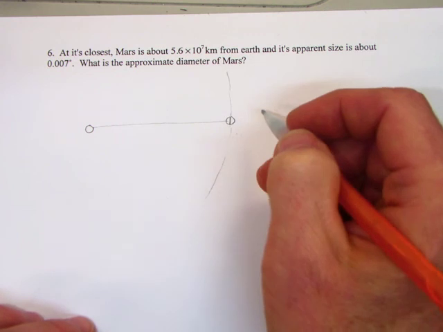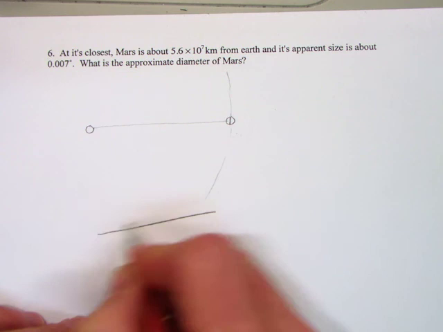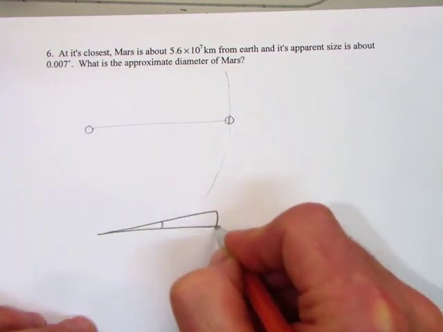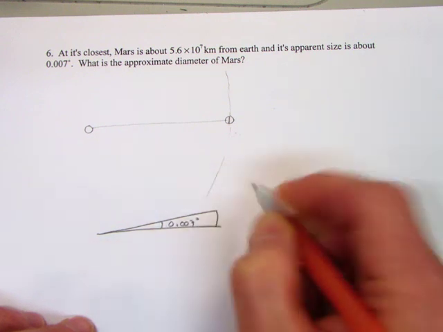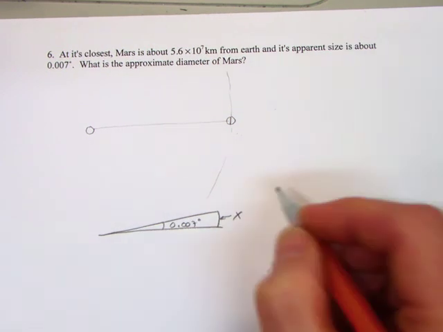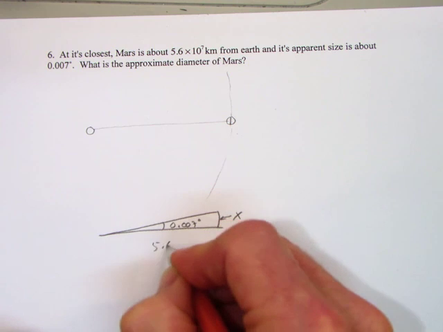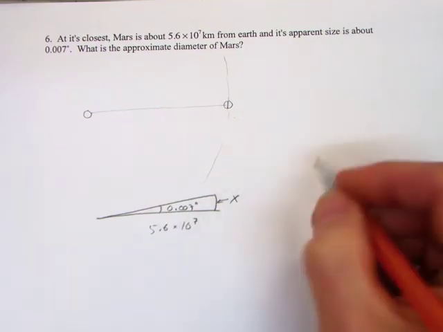And that's the idea we're going to use here. What we want to do is basically deal with an arc here. If I know this is 0.007 degrees, and I'm going to say find this length, let's call it x. And I know my radius is 5.6 times 10 to the 7th. So how do I do it?